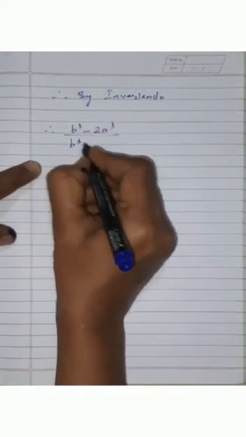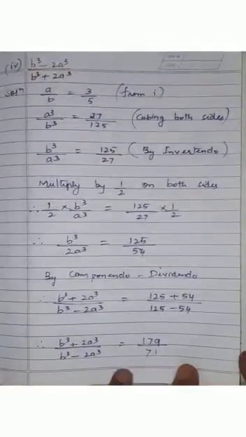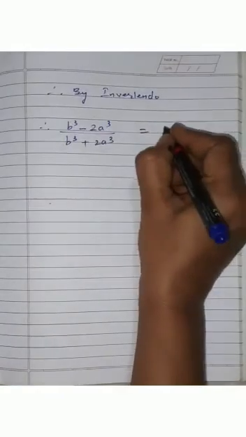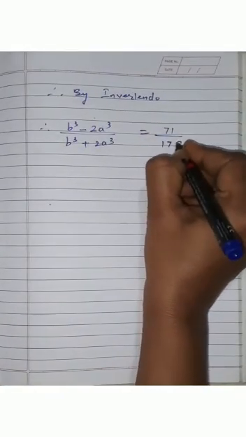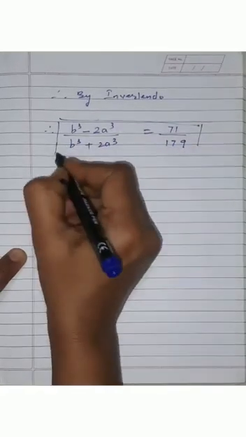So therefore, by invertendo, we will be having b cube minus 2a cube upon b cube plus 2a cube is equal to 71 upon 179, which is our final answer. Okay, children, understood?